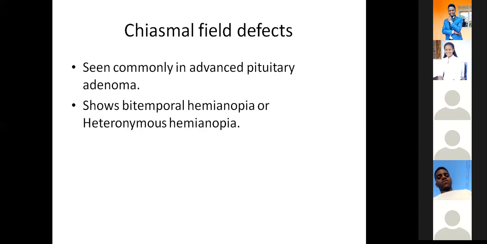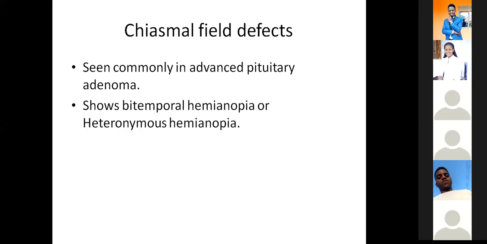But temporal fibers of the retina remain temporal throughout the visual pathway. That means that they are temporal within the optic nerve, they remain temporal within the optic chiasma, and they remain temporal within the optic tract. And they remain in the same tract. If they are right, they will remain in the right. They never cross over to the fellow visual pathway.